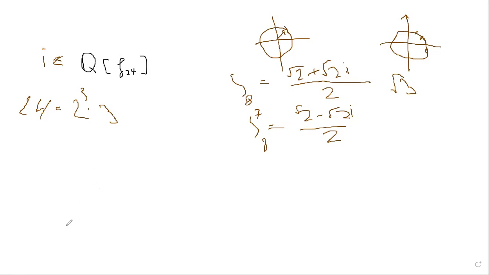Well, suppose we need to find a subgroup of (Z/24Z)* of index 2 and look at the sub-extension that does not change under it.